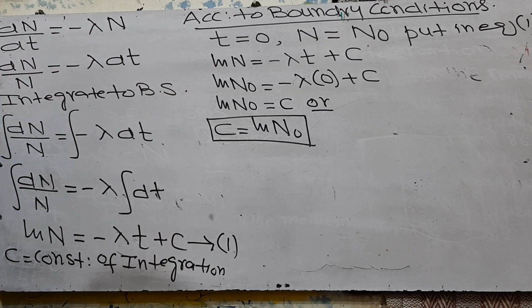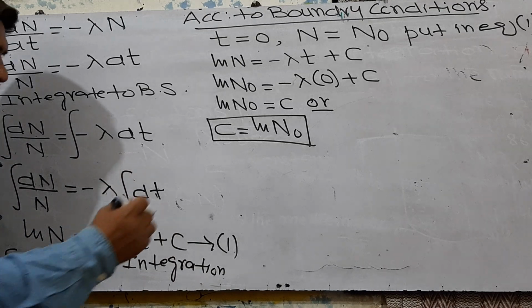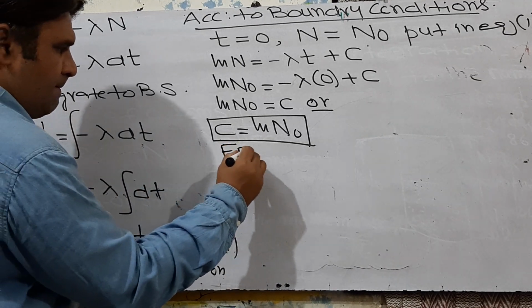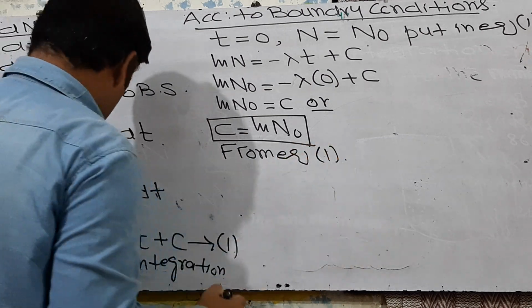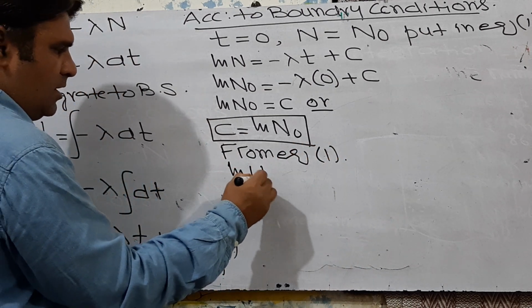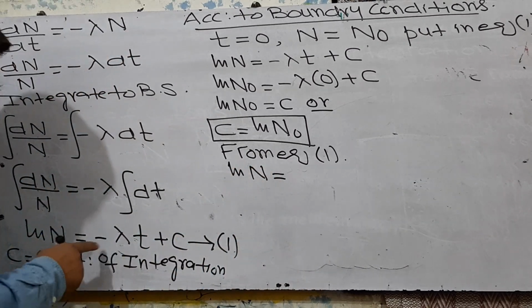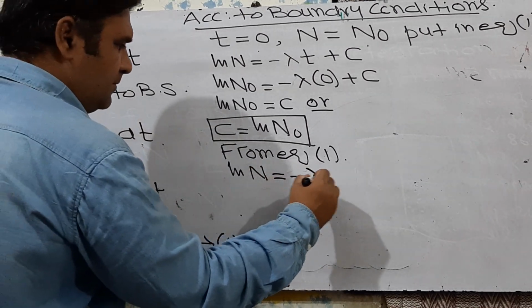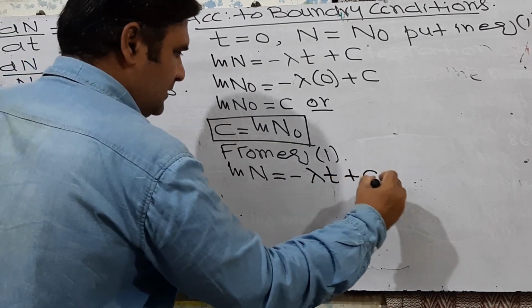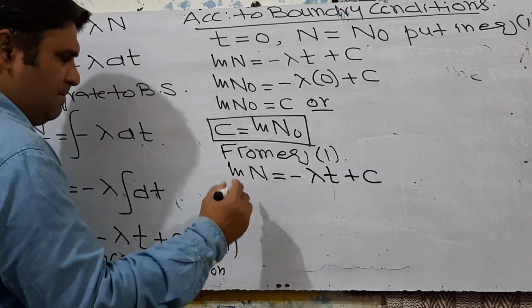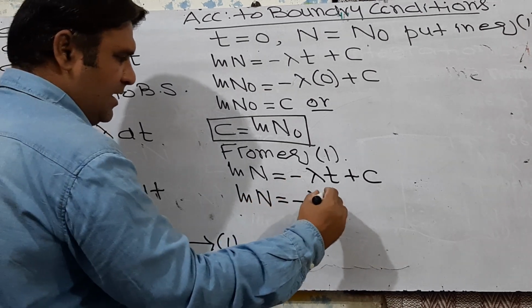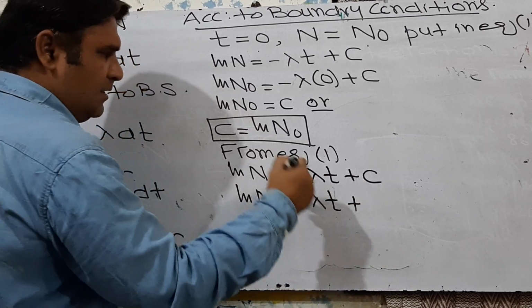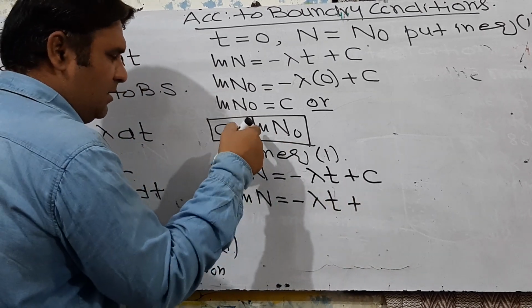Now insert the value of c in equation number 1. So from equation number 1, log N is equal to minus lambda t plus c. Now insert the value of c: log N is equal to minus lambda t plus log N naught.